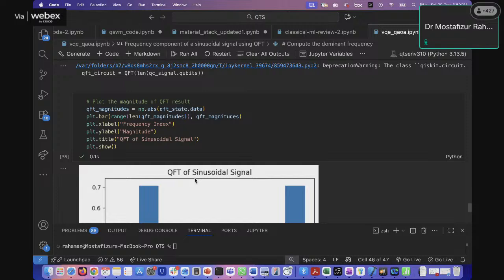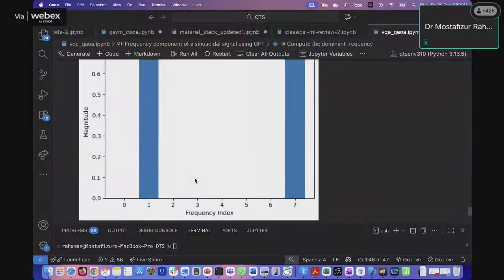So again, QFT is a fault tolerant algorithm. For large scale applications, if you are thinking of using the quantum Fourier transform for your research problem, up to 12 or 13 qubits you can easily go and show certain interesting results.